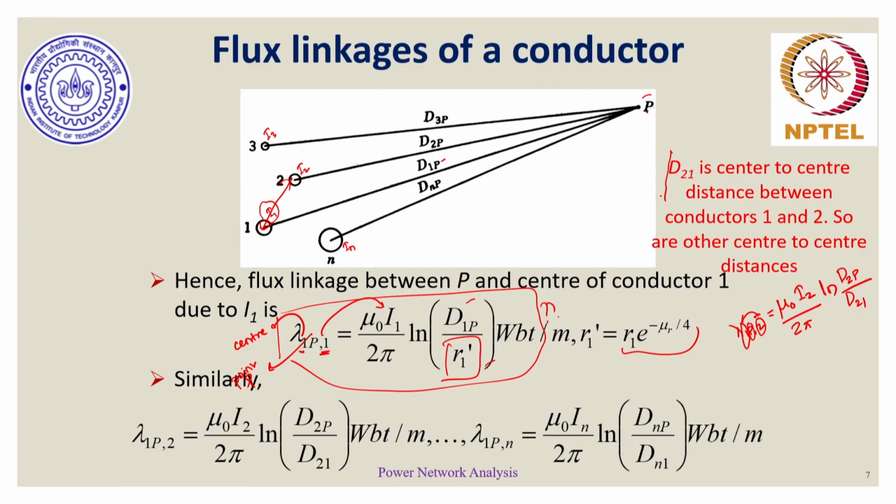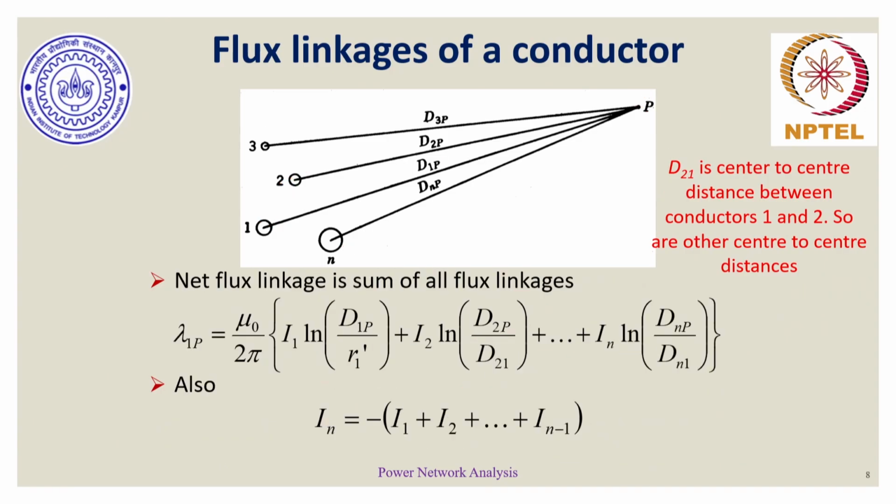If we go on and find flux linkages because of the other current carrying conductors, these would be the individual expressions we get. Since our focus is between the center of the conductor carrying current I1 and point P, we can add up the individual flux linkages, because these are components of the same flux linkage due to different currents.